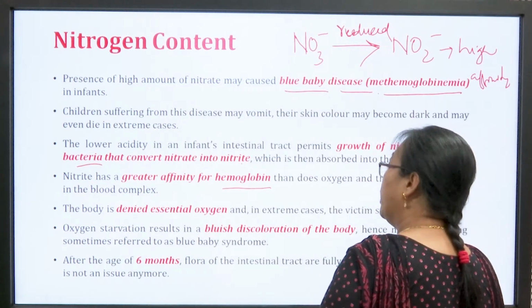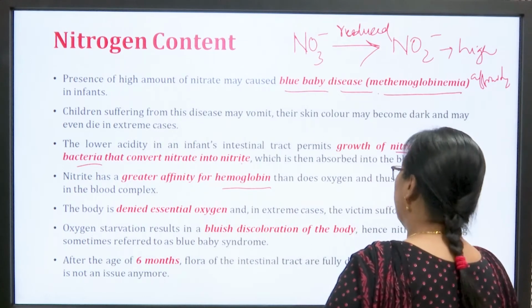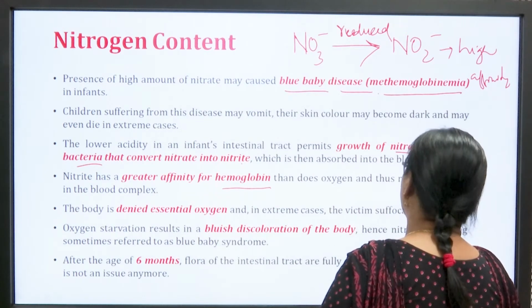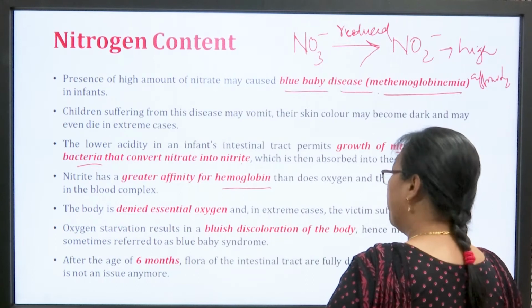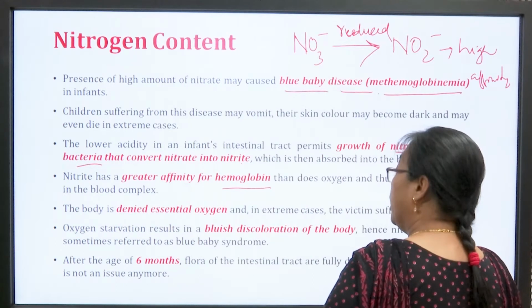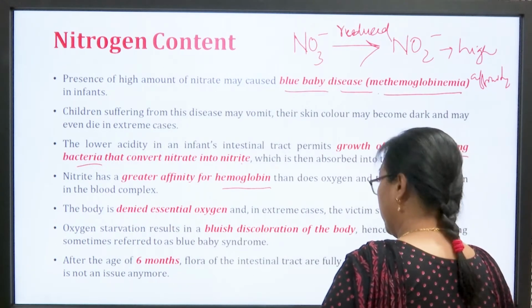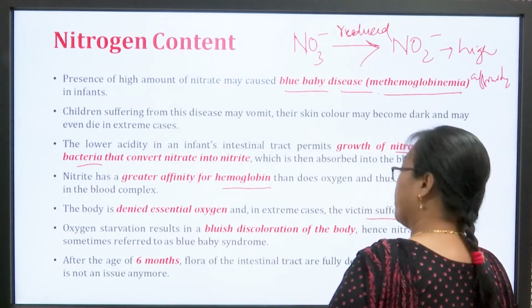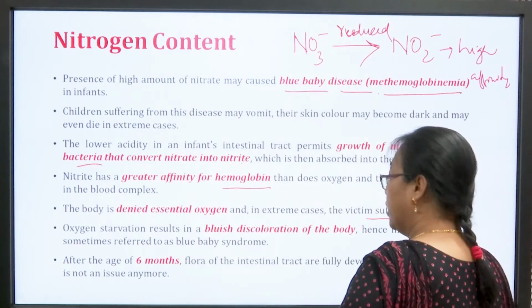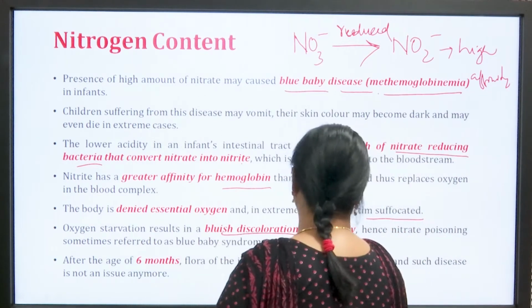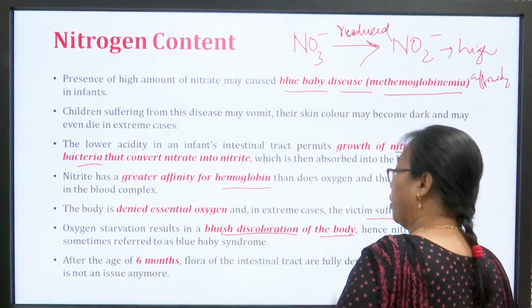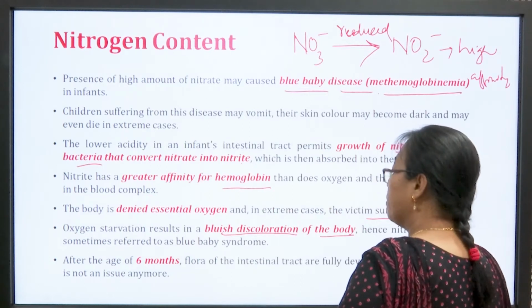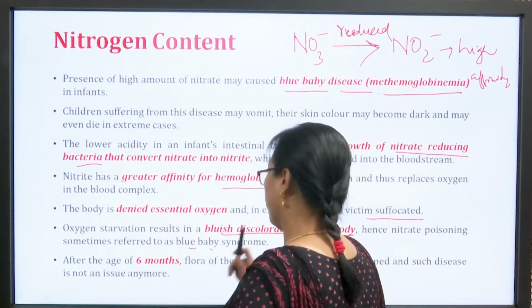Nitrite has greater affinity for hemoglobin than does oxygen and thus replaces oxygen in the blood complex. The body is denied essential oxygen and in extreme cases the victim suffocates. Oxygen starvation results in a bluish discoloration of the body, hence nitrate poisoning is sometimes referred to as blue baby syndrome.